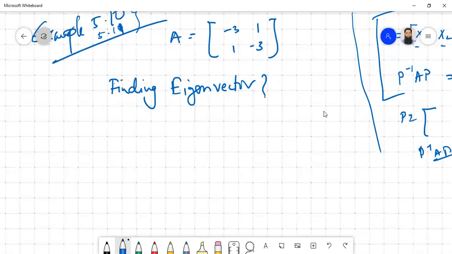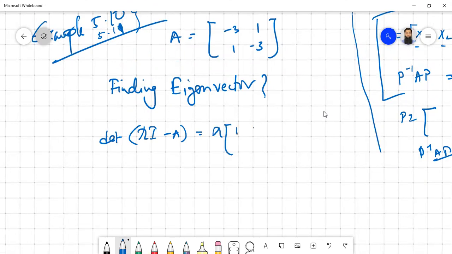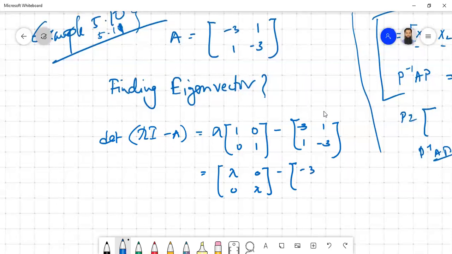First of all, we have to find the eigenvalues. The eigenvalues are given by the determinant of lambda I minus A. So basically lambda times [1, 0; 0, 1] minus [-3, 1; 1, -3]. This gives us [lambda minus 3, 1; 1, lambda minus 3].